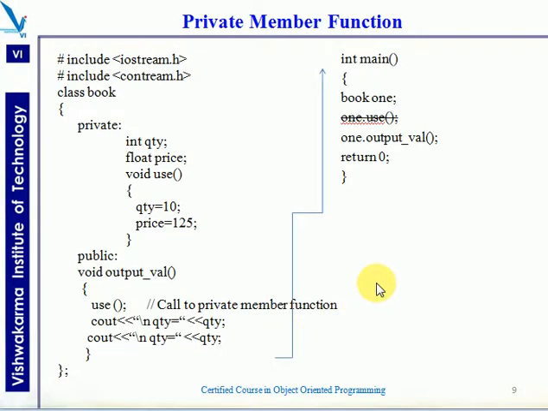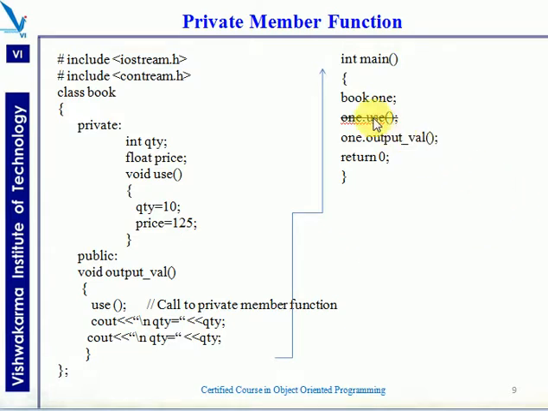Now in this slide, we have defined one function in the private section. Now we'll see how to use that member function which is defined in the private section. In the private section of class book, we have defined the function use. Another function we have, output val, is defined in the public section. Now see, in the main, if I write b1.use, b1 is my object name and use is the function which is defined in the private section.